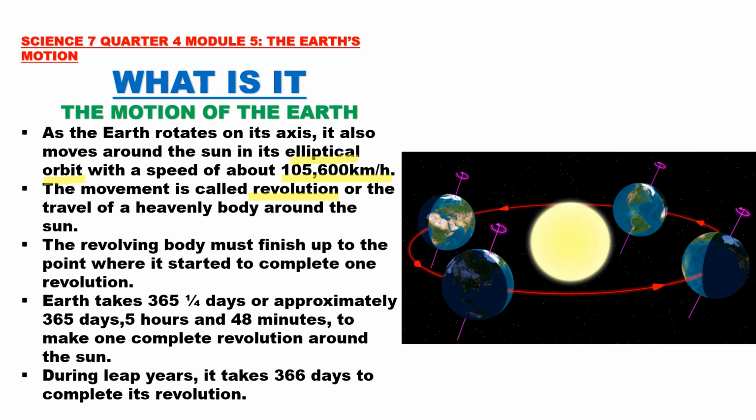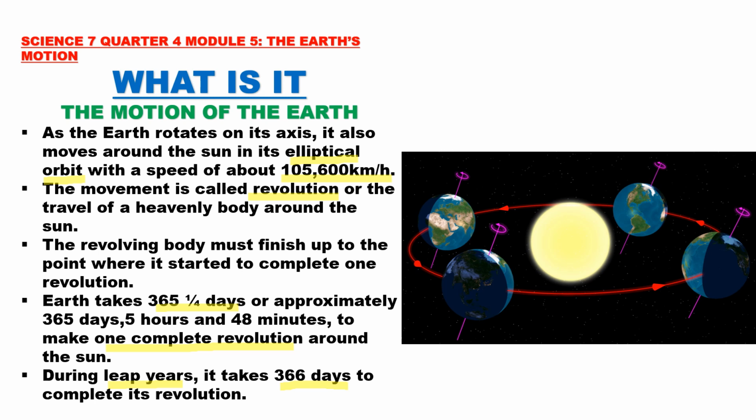The Earth takes 365 and 1/4 days, or approximately 365 days, 5 hours, and 48 minutes to make one complete revolution around the Sun. During the leap years, it takes 366 days to complete its revolution.